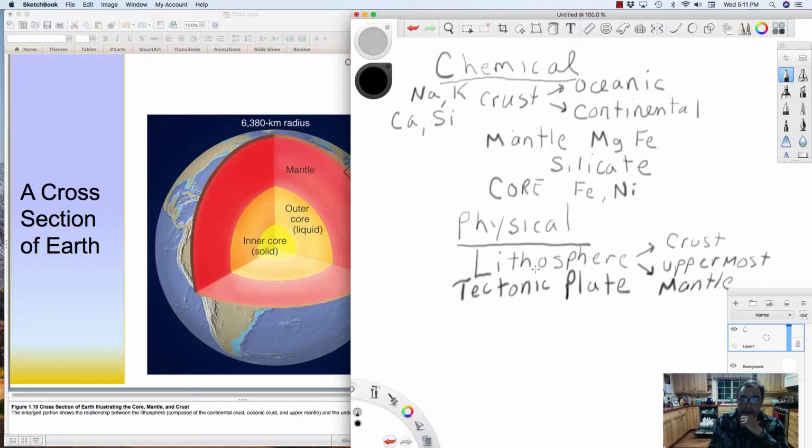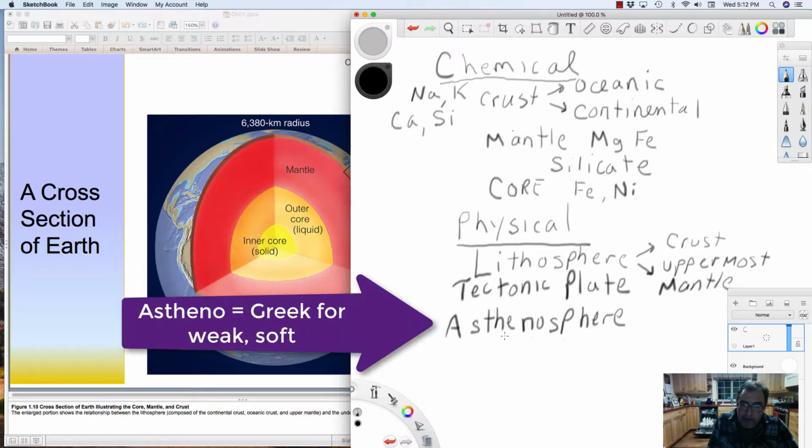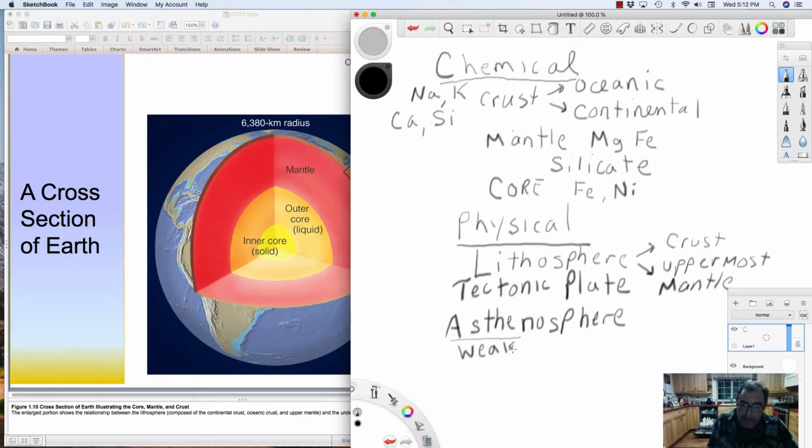Now, when we get down here to the next physical layer, we're going to have another one called the asthenosphere. And the asthenosphere, this astheno here, is a Greek word which means weak. So a weak or debilitated layer. But this asthenosphere is basically non-Newtonian material. In fact, viscoelastic is the word we use.